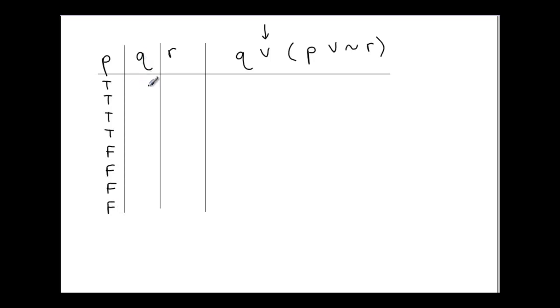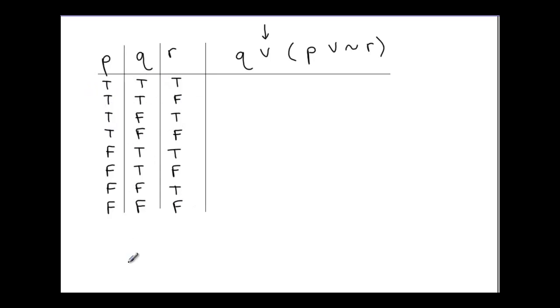Under the Q column, you're going to want to alternate by 2s, beginning with true, true, then false, false, true, true, false, false. And in the R column, we're going to alternate every other one. So true, false, true, false, true, false. And that will give us every combination of those three different statements being either true or false.